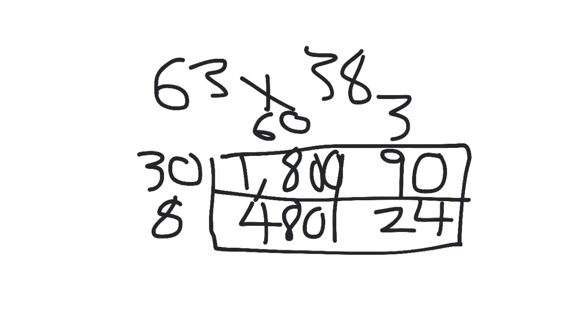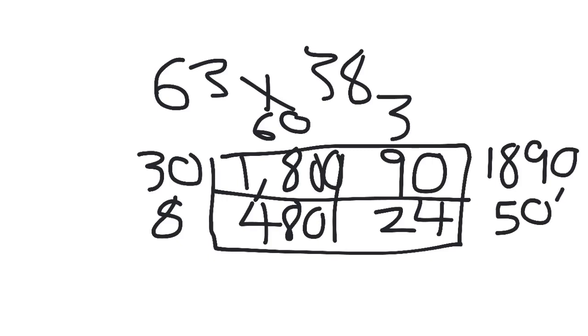Okay, now what I've got is 1,890, so I've added 1,800 plus 90. Now I'm going to do 480 plus 24, which takes me to 504.